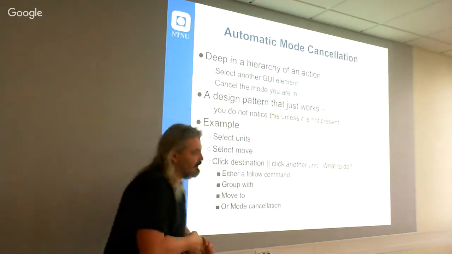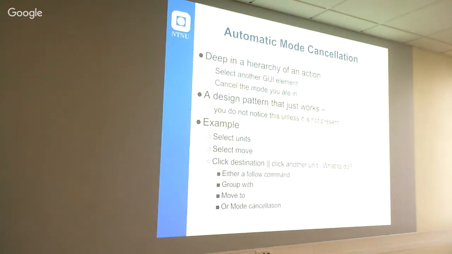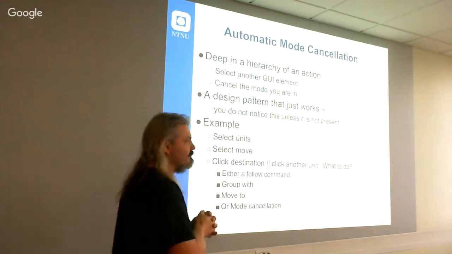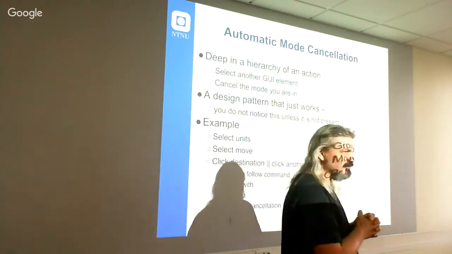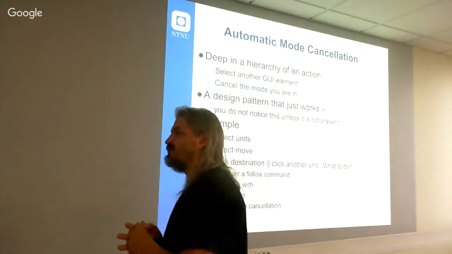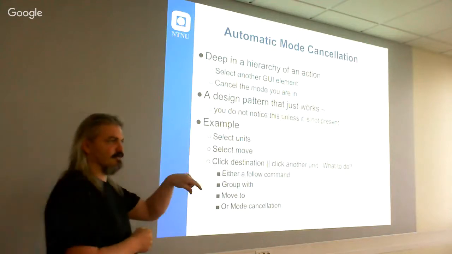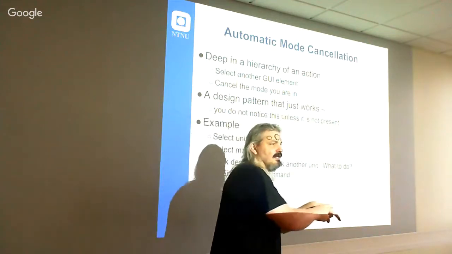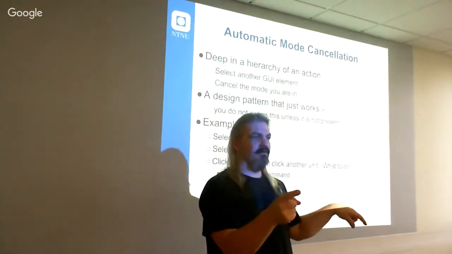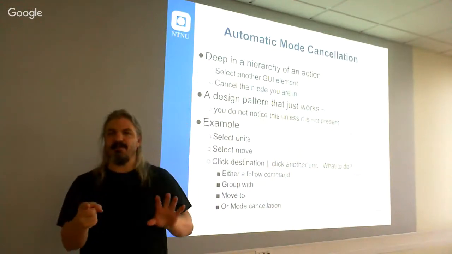Another standard design pattern in games, automatic mode cancellation. This one you might not have noticed so much because it's usually designed just to work. The idea is when you've clicked deep into a hierarchy and you click out somewhere, it should cancel away all of what you're doing and let you keep interacting.